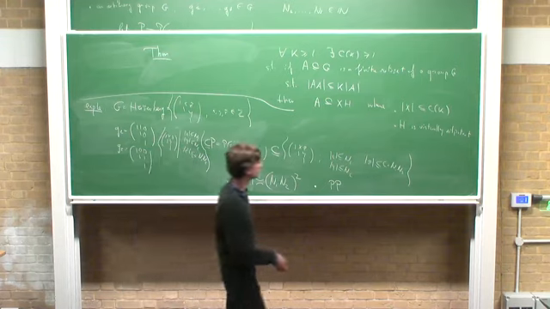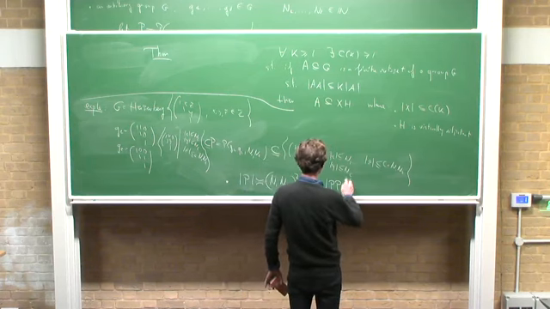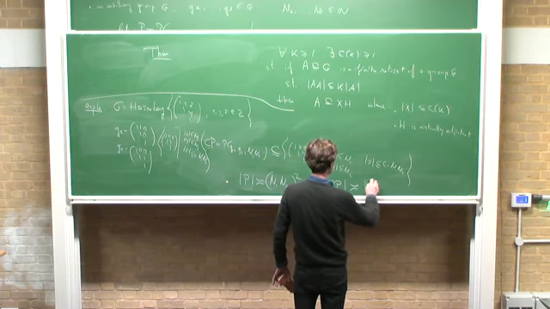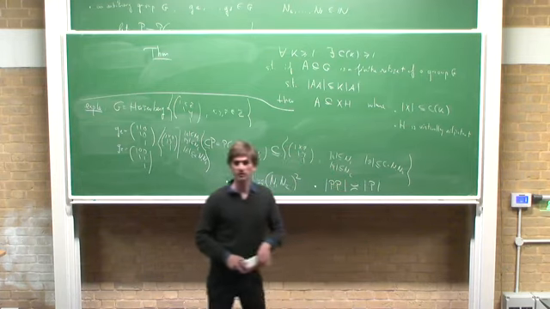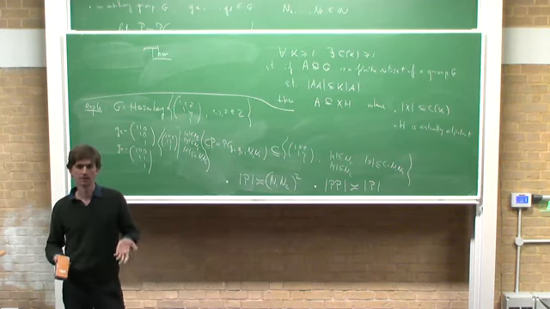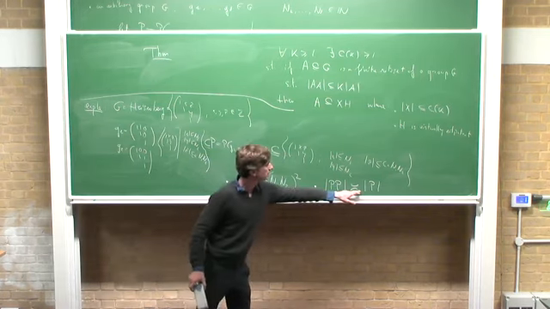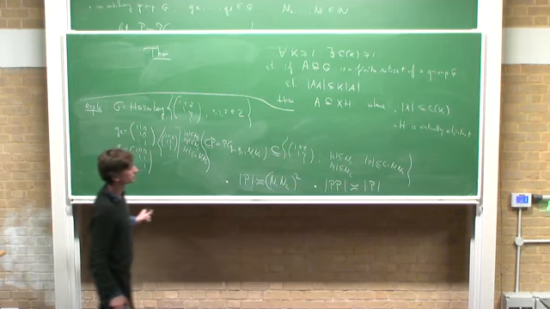So P times P will be also of a similar size as P. So P has small doubling. The doubling does not depend on N1 and N2.